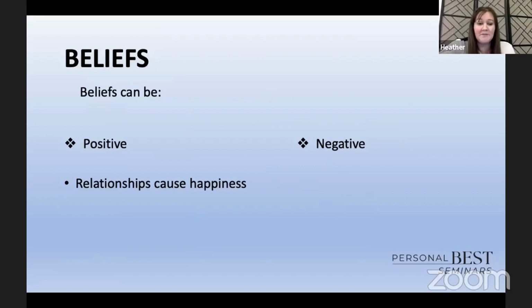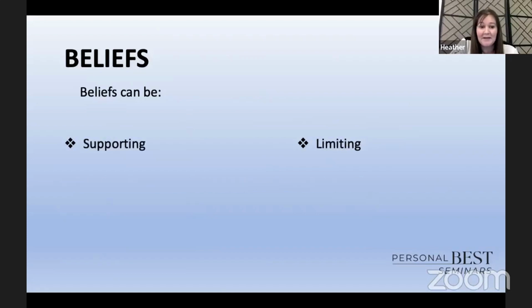You can have a belief that relationships cause happiness, which we'll put in the category of a positive belief. Or the opposite: relationships cause pain. I know I spent a large part of my development working on this belief myself, because I actually did have a belief that relationships cause pain.